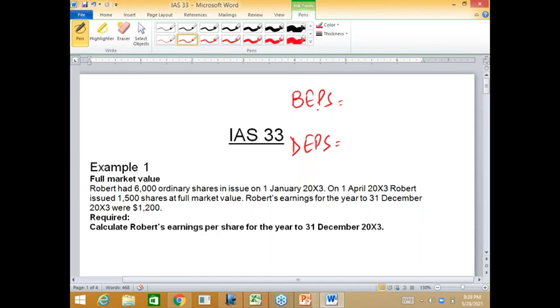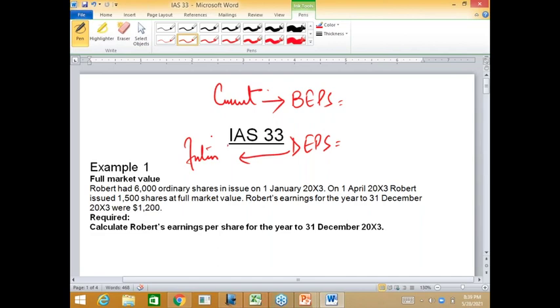The basic EPS is based on the current level of shares, and diluted EPS is based on the assumption that if the future potential ordinary shares are converted into ordinary shares, then what will be the impact on the EPS.